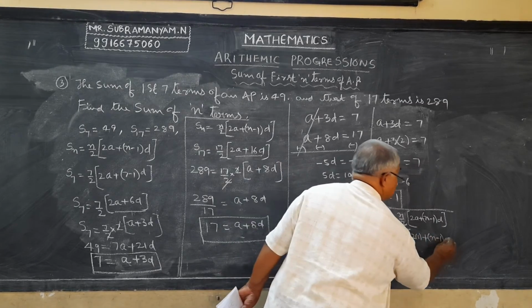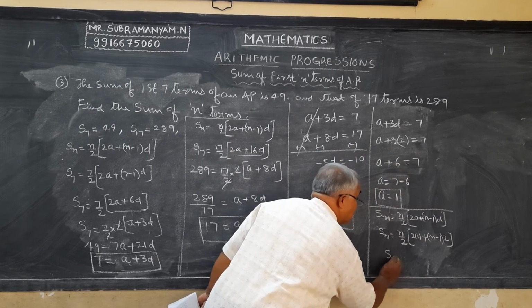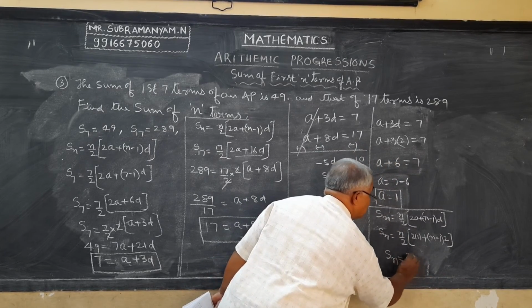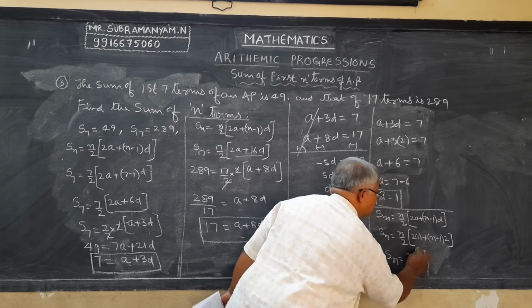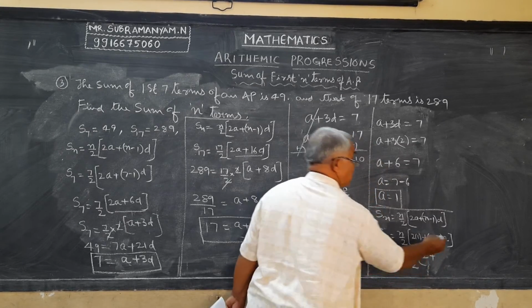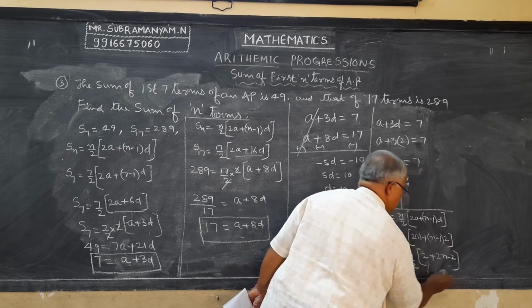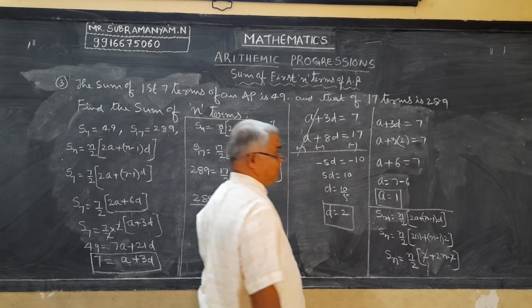d value is 2. So, Sn formula equal to n by 2 into 2 plus, multiply these two, 2n minus 2. 2 and 2 will cancel.